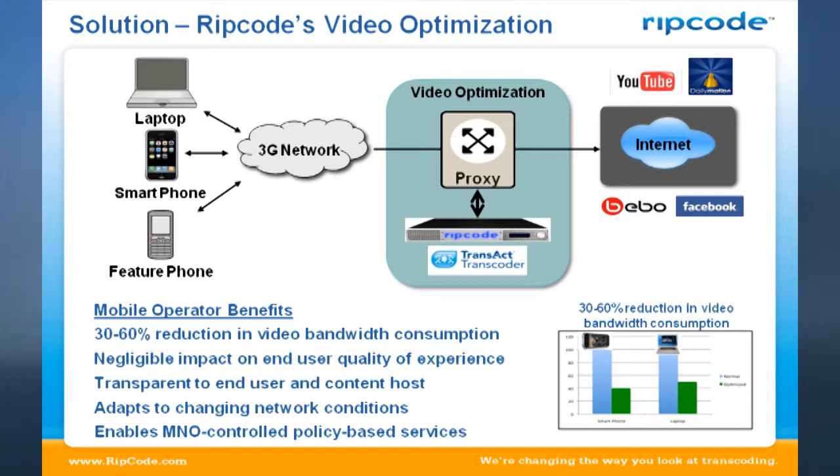And the nice thing about our solution is we achieve transparency for the content owner, so the source content location, the mobile network itself, and most importantly, the end user. So it's done in a way that the end user doesn't detect that anything has changed about their normal experience of hitting YouTube, for example. And we do this in a way that doesn't require a mobile client at all.